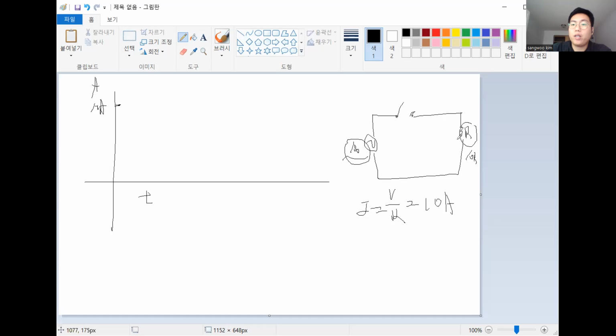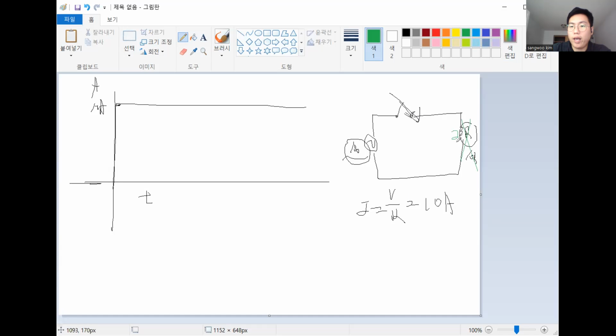If there is just R in the circuit and we close the switch, the current goes from 0 straight up to 10 ampere like this.